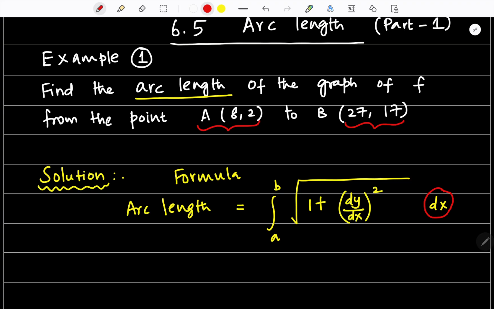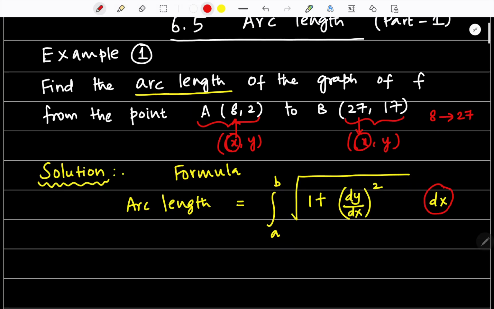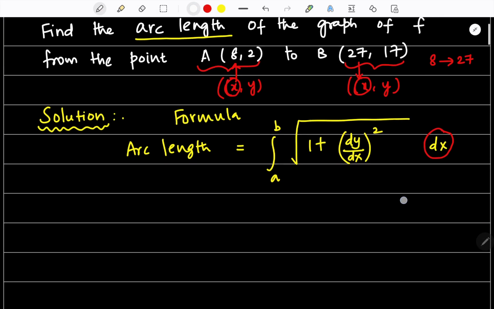Integration is going on with respect to x, so you take only the x points. It means it goes from 8 to 27. Keep that in your mind.